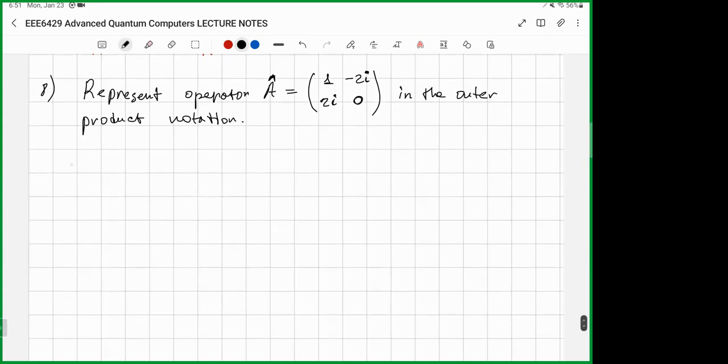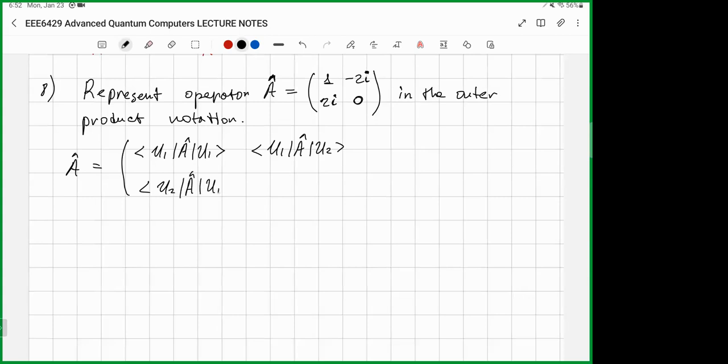First of all, let's recall that an operator in matrix form is nothing but the matrix of these constructions: u1, A, u1, then the second element u1, A, u2, then here u2, A, u1, and finally u2, A, u2.